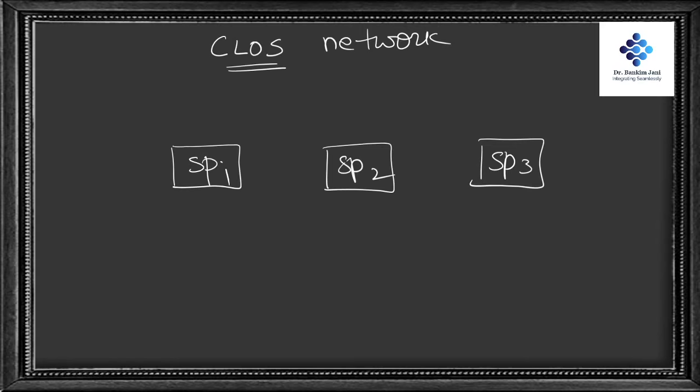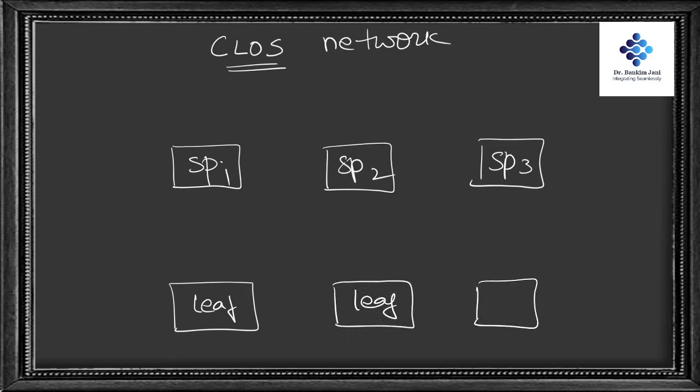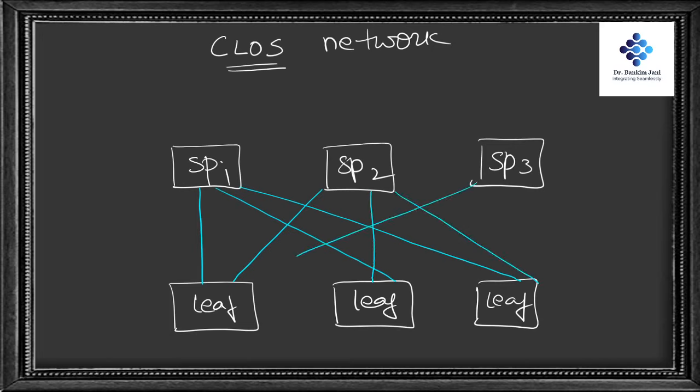And then you have the leaf switches. Now these are the rules. Every spine should be talking to every leaf, and like this, this, and this.